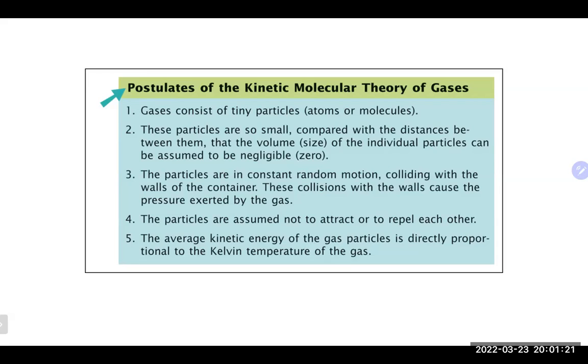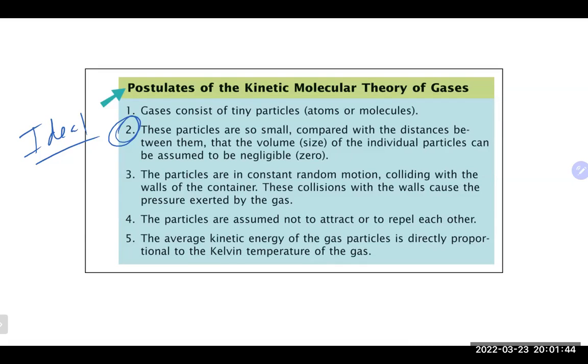So if you think about a lot of gas law problems, they oftentimes talk about the volume of the container the gas is in rather than the volume of the gas itself. Actually, number two here is really what makes something an ideal gas. Under ideal conditions, it's really the volume of the container that's more important than the actual volume of the gas molecule, which is really small in comparison.